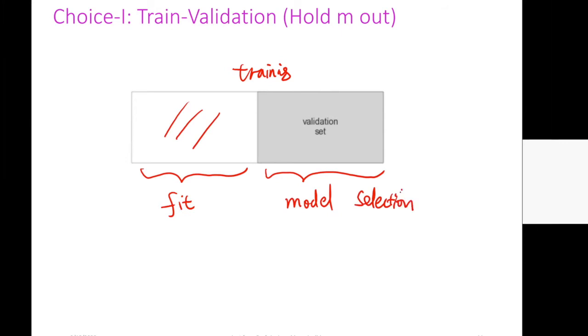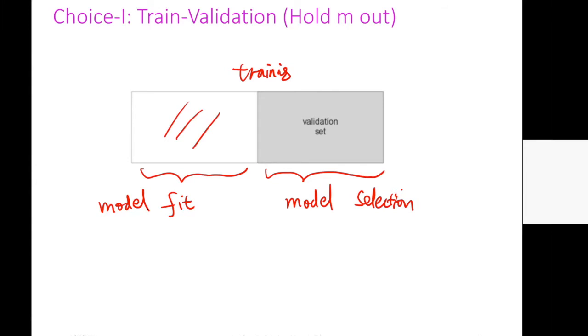You may be a little bit confused now. If you still remember, we have these two modes, the training mode and the testing mode, right? The training mode is to fit your model to the data, and the testing mode is to assess how my model performs on future data.